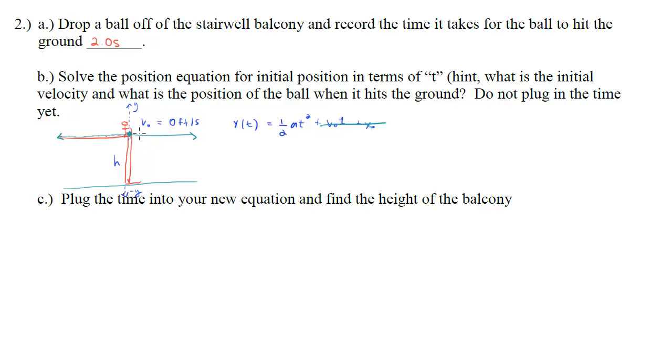So then we know that y of t equals 1/2 a t squared. The acceleration of the Earth is negative 32 feet per second squared, approximately. And so you can also say that's negative 16 t squared, just taking that half into account. All right, so do not plug in time yet.